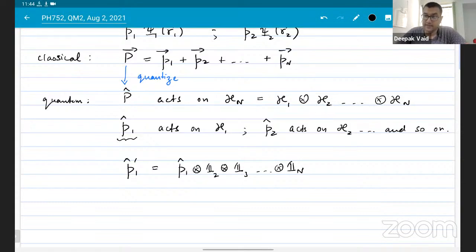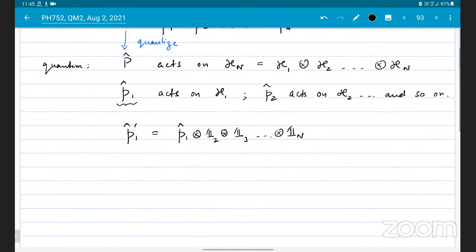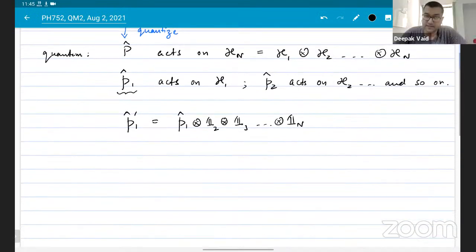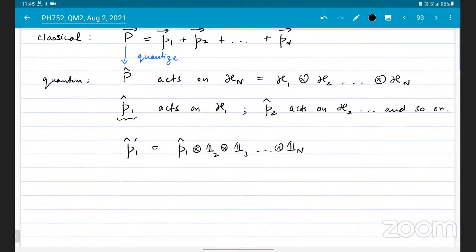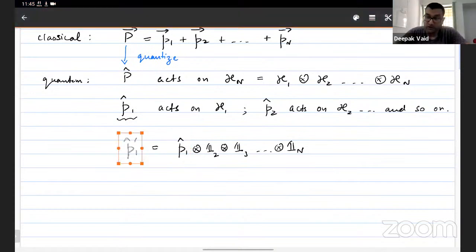Because there is just the identity. For the first Hilbert space, it will act with P1, right? So it's equivalent to just acting on the first particle. It is equivalent to that, but it is very important to remember that this operator and this operator are not the same.